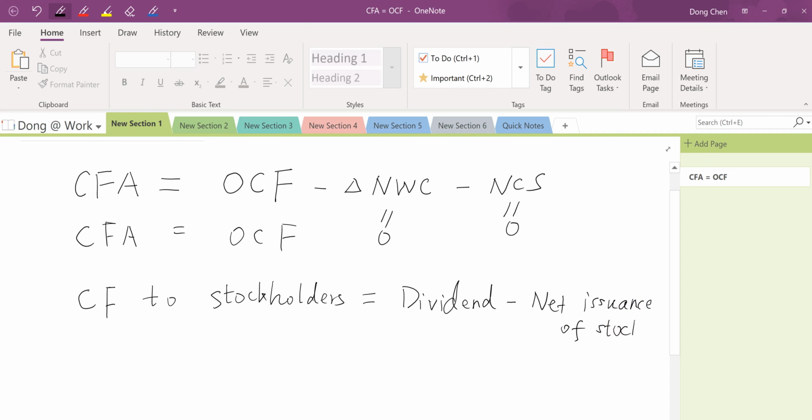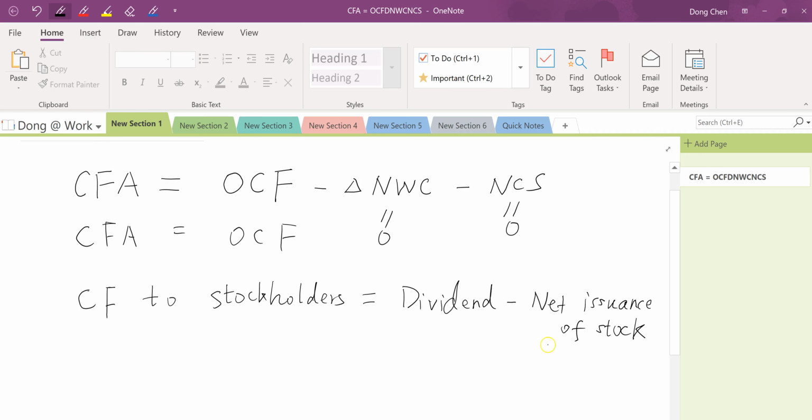So when the firm issues stock, issues new equity, for the firm, they get cash flow from the investors, but for investors, because the cash flows are paid out of their hands, for them, it's negative. That's why you have the negative minus the net issuance of stock.